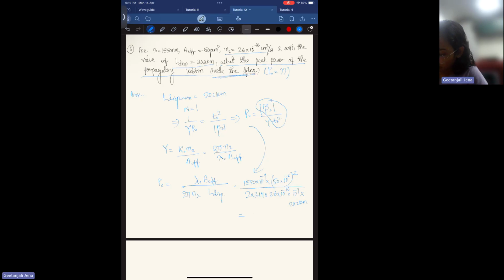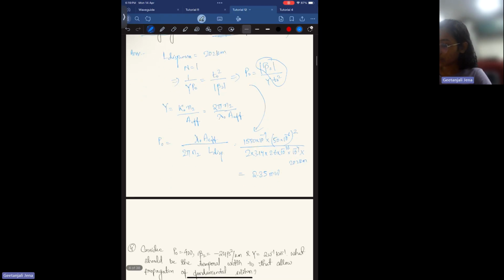This will come around a value of 2.35 microwatt, if I am not wrong. Let me check. So this will give a value of 2.35.